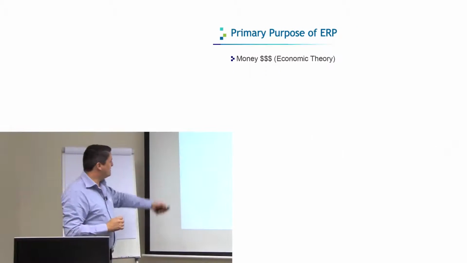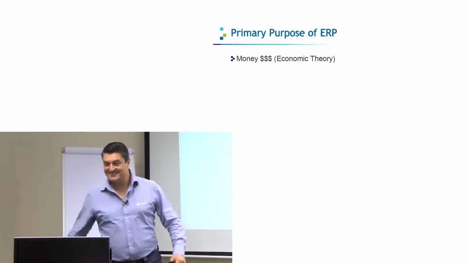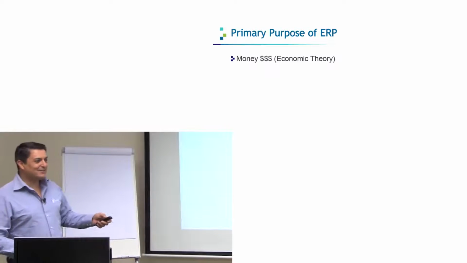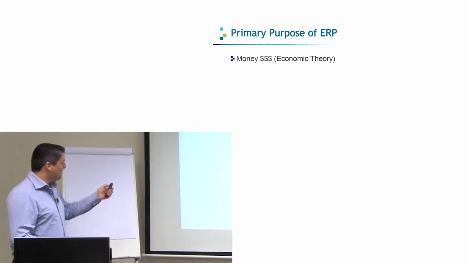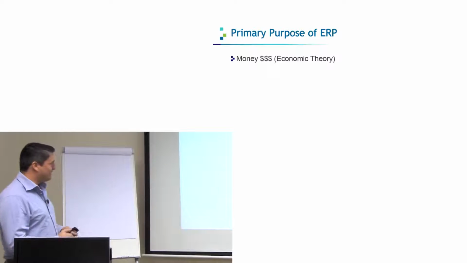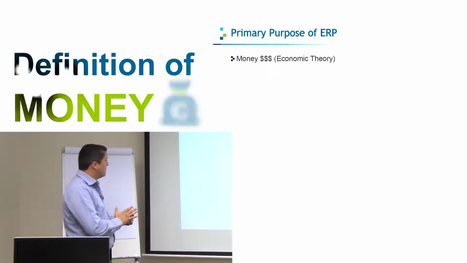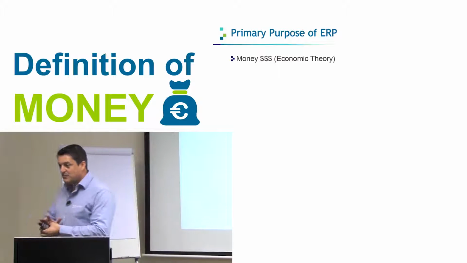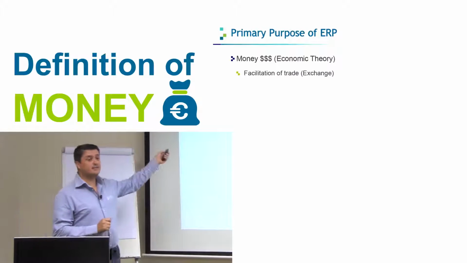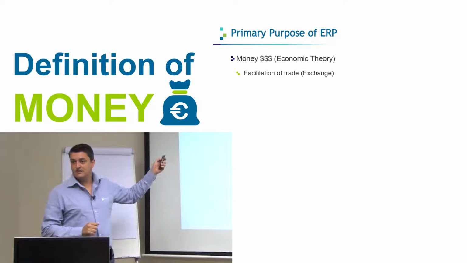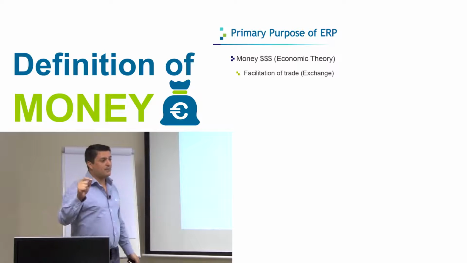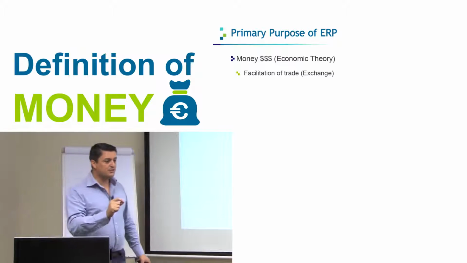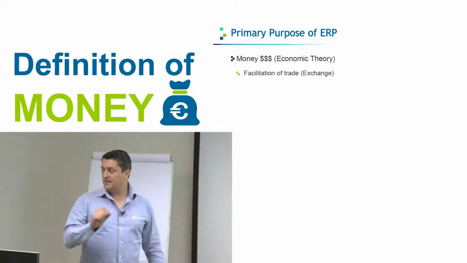And ERP's purpose is about money, and it's embedded in economic theory, so we'll talk about that very briefly. If you look at the definition of money in economic theory, it's made up of three components. The first is the facilitation of trade, exchange. A company's purpose is to sell its goods or services in the marketplace.